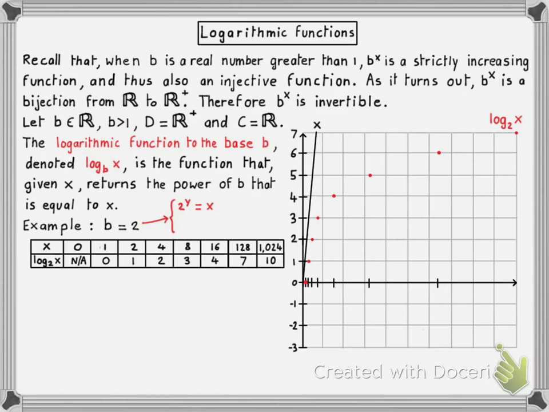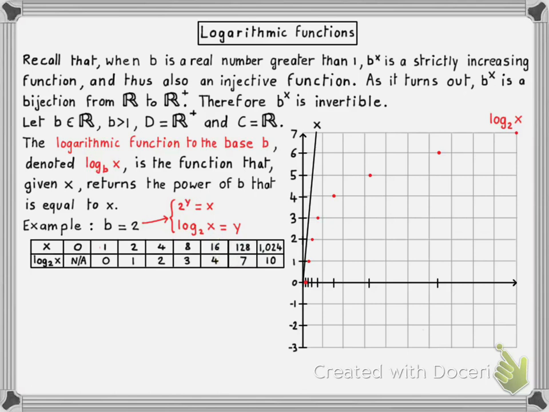Now, what would be the inverse function? Well, you would feed it x, and it would return y. It goes in the other direction. So in other words, the logarithm base 2 of x is equal to y. Notice here you go from y to x in the exponential function. Here you go from x to y.